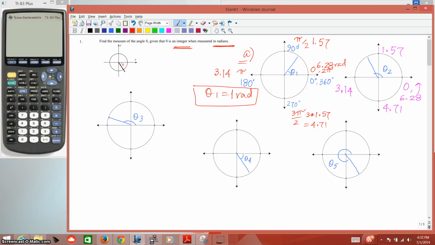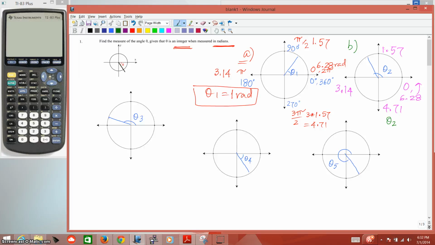Let's work on question number B. If you look at that one, it's an integer as well as a radian measurement of this particular angle. This theta 2 is just past 1.57, so definitely theta 2 is in the second quadrant, and its value will be between 1.57 and 3.14.